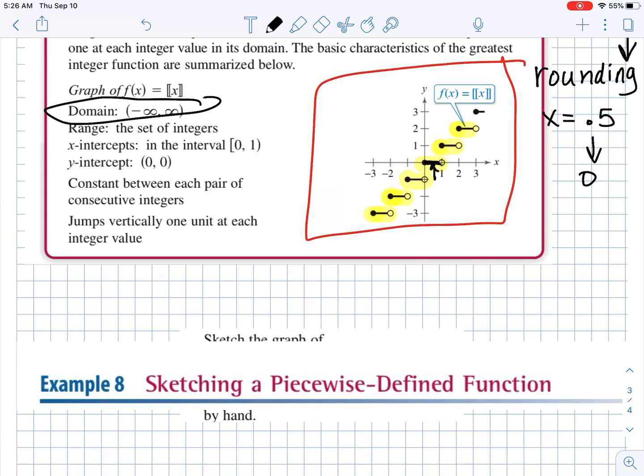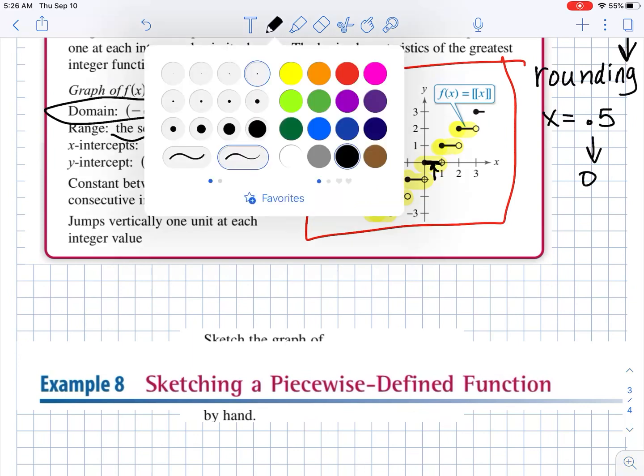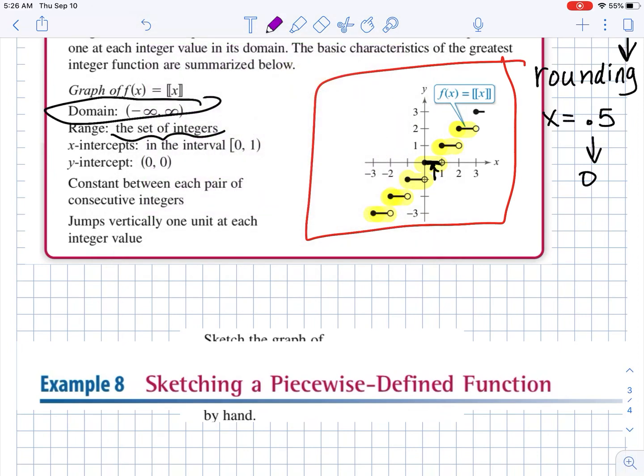Okay, and the domain of it means we can literally put in any value of x, so from negative infinity to positive infinity. But the range is the set of integers, right? Because if you look here, and I'm going to do it in purple, the range only hits -3. It only hits -2. It only hits -1. It only hits 0. It only hits 1. It only hits 2. It only hits 3.